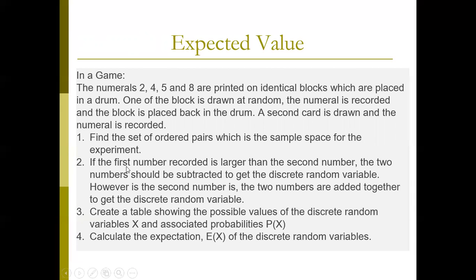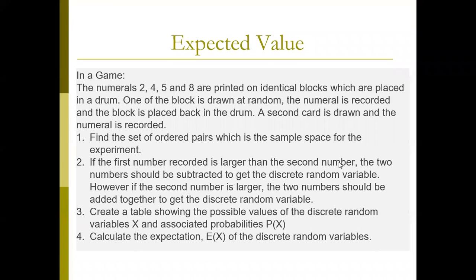We're told that if the first number selected is larger than the second one, then the two numerals should be subtracted. So if the first one is larger than the second one, we're going to subtract the second one from the first to get the discrete random variable. However, if the second number is larger, then we are going to add them together in order to get a discrete random variable for this experiment.